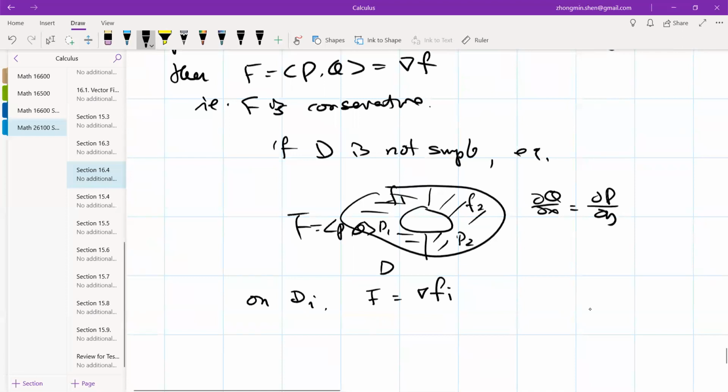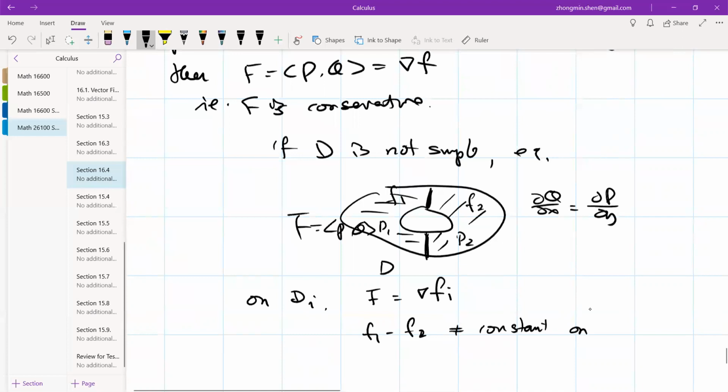We don't know how to glue them together. In general, F1 and F2 do not differ by a constant. F1 minus F2 along this common boundary is not going to be constant.